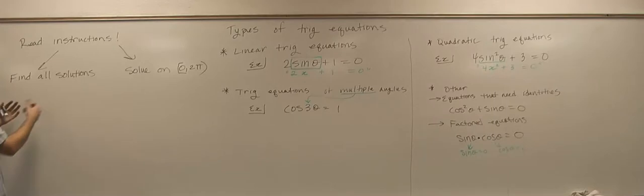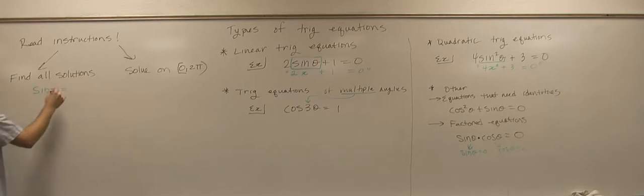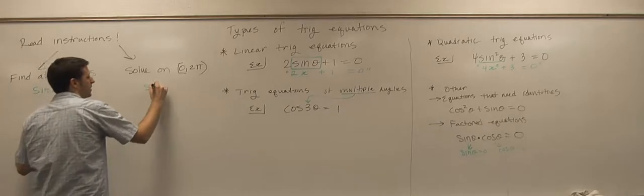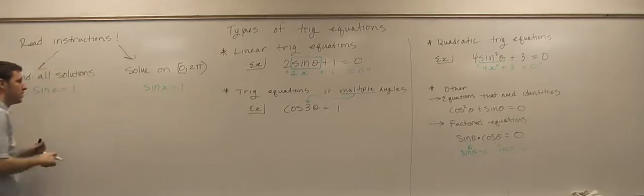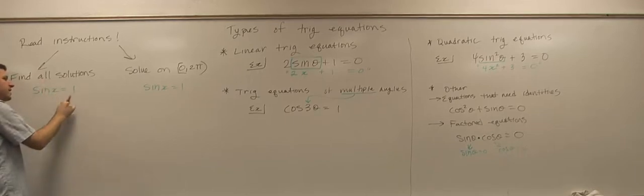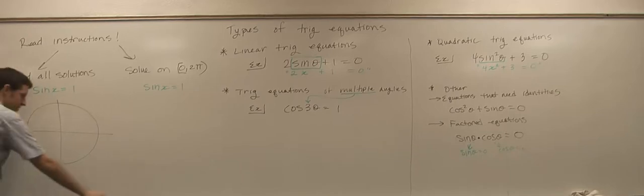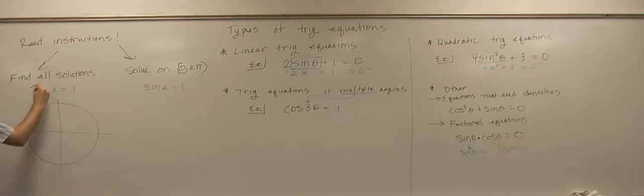So for example, say I want you to solve the equation sine of x equals 1. One way you could do this is say, all right, in order for sine to equal 1, I can go to my unit circle, and I can say, where is my y value 1? Sine of x represents your y value.